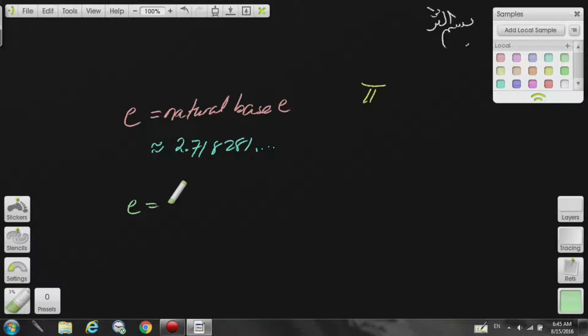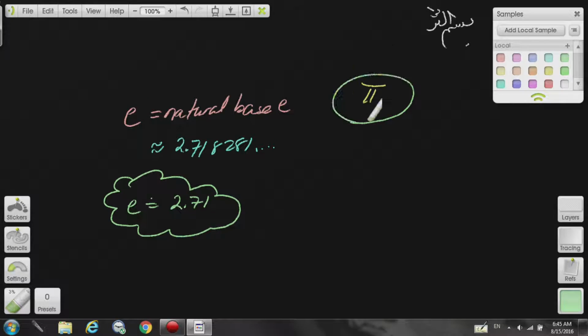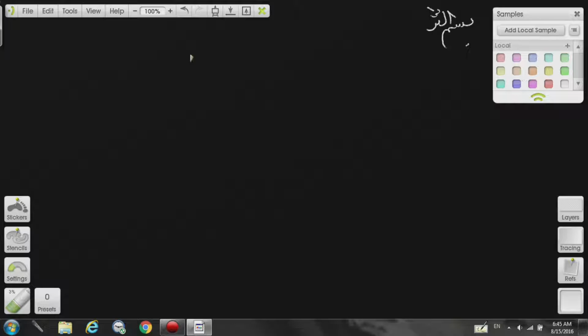For us, it's sufficient if you appreciate E is approximately 2.71. We need to feel reasonably comfortable working with it. It's just a number, like the square root of 2 is a number. That's what it's called, and we'll get back to that in just a second.